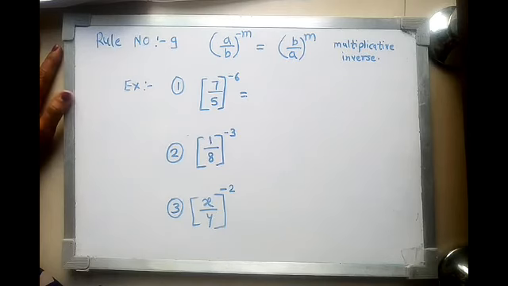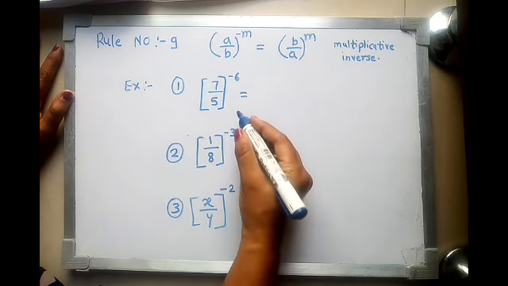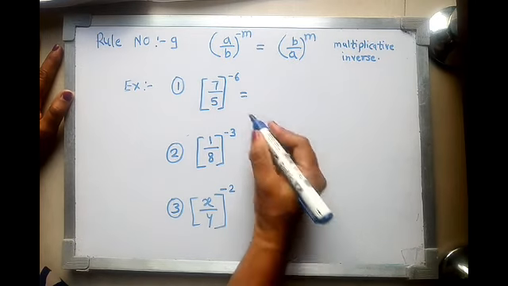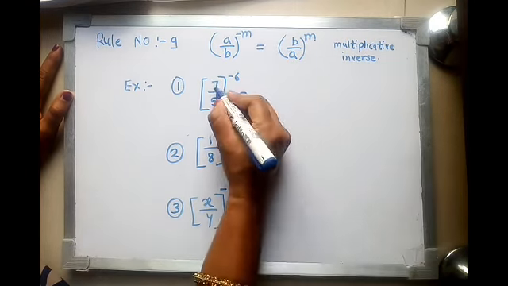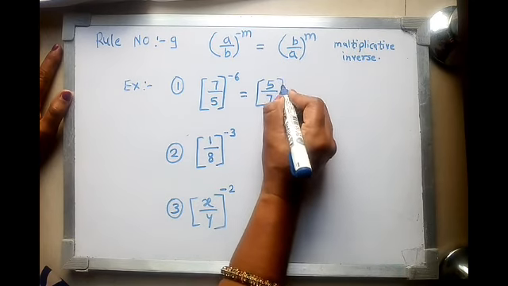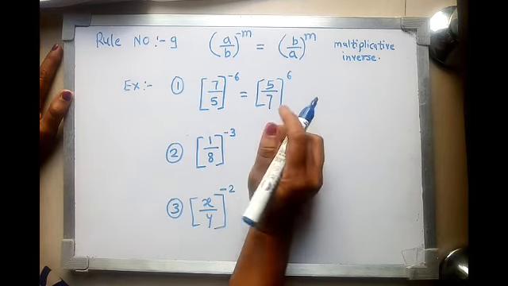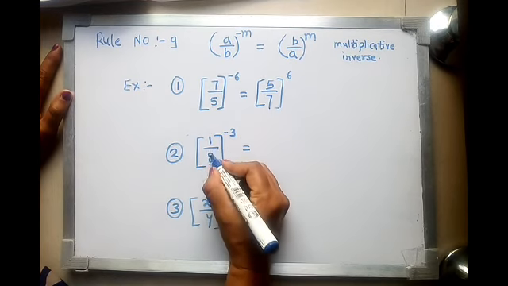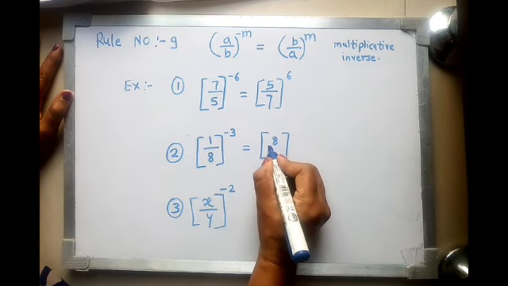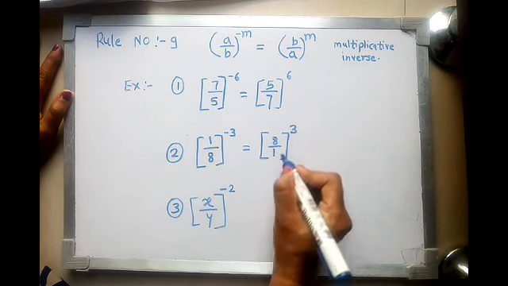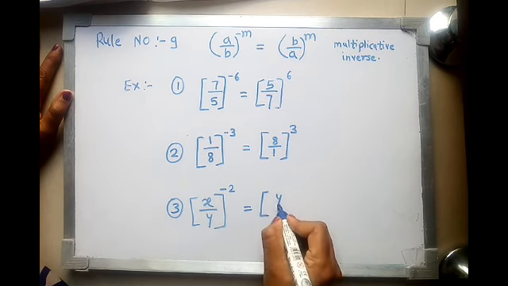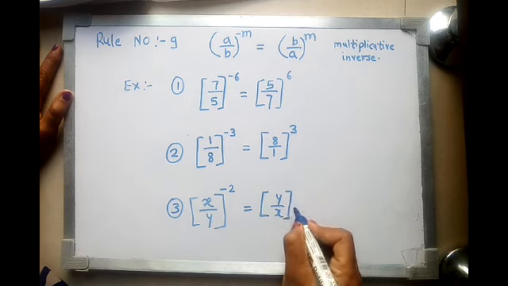Let us see some examples based on this rule. First, (7 upon 5) raised to minus 6. Multiplicative inverse, convert to (5 upon 7) raised to 6. (1 upon 8) raised to minus 3 is (8 upon 1) raised to 3. (x upon y) raised to minus 2 is (y upon x) raised to 2.